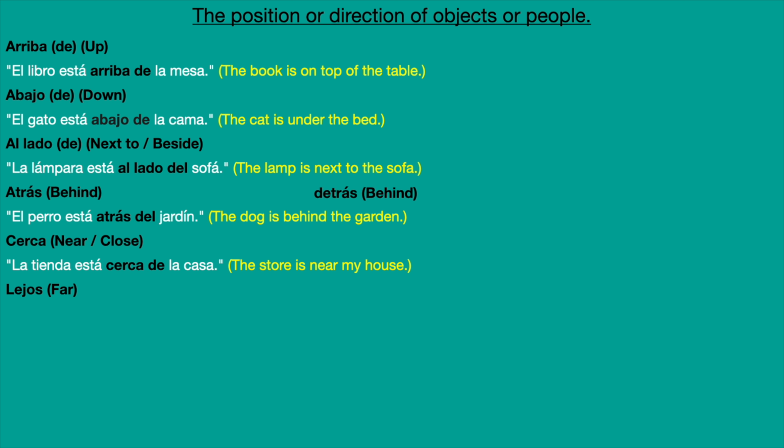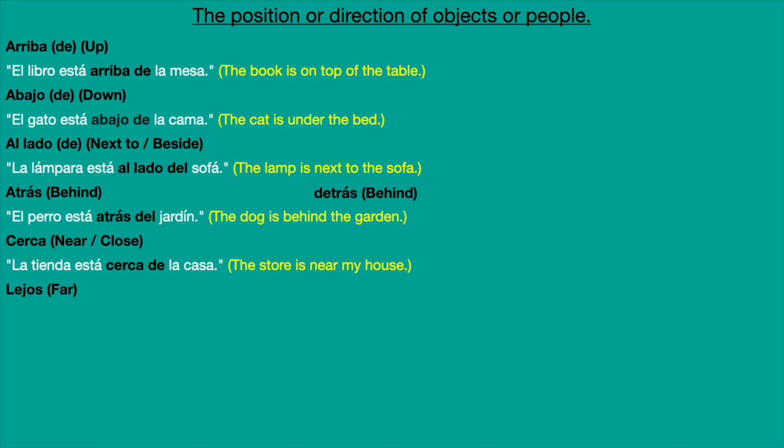Lejos de, again, we are always going to use de with lejos to refer to something. Lejos is far, but far from what? So far with respect to an object. It is far from my house, far from me, far from my dog, far from the backyard, far from something, but we use de to refer to far from what.